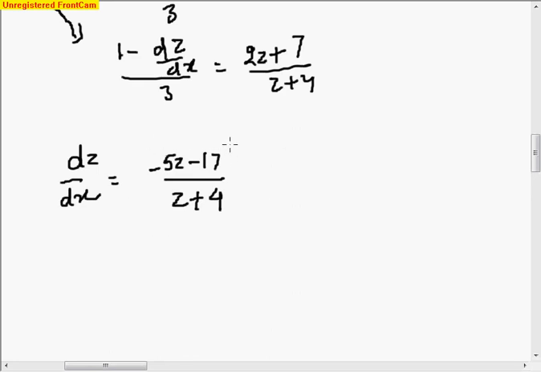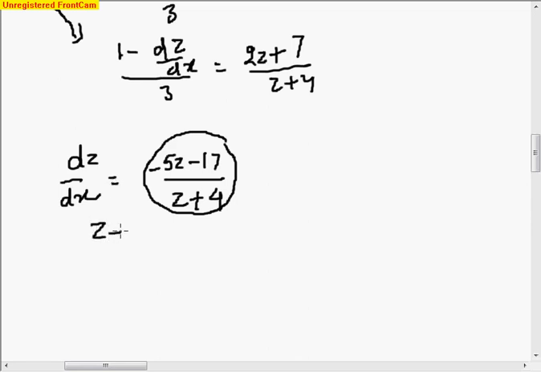Get this expression. Take 2 minutes and get this expression. I hope everybody is doing it and getting this expression in your notebooks. Done? Okay. Hopefully done. So now this is a variable separable equation and you can solve it.